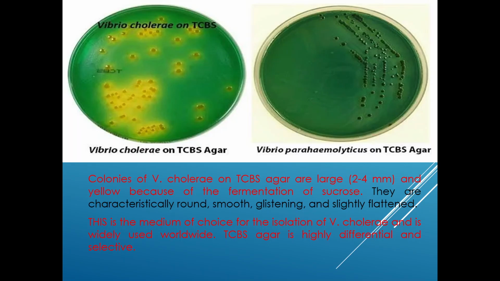This is the medium of choice for the isolation of Vibrio cholerae and is widely used worldwide. TCBS agar is a highly differential and selective nutrient medium, but it is not suitable for direct testing with Vibrio cholerae O1 antisera for study of serogroups.